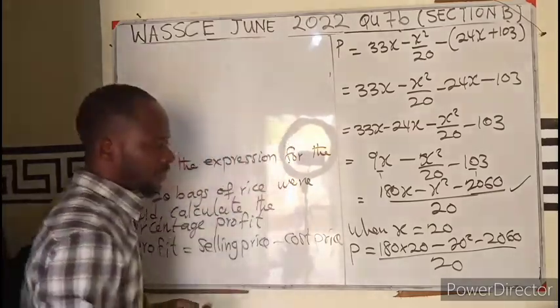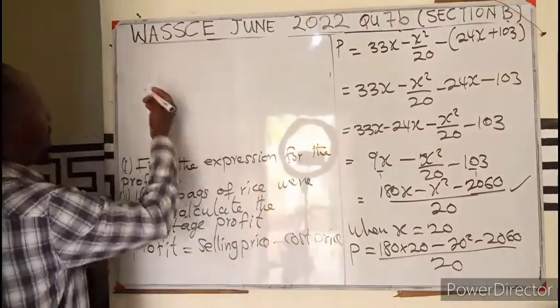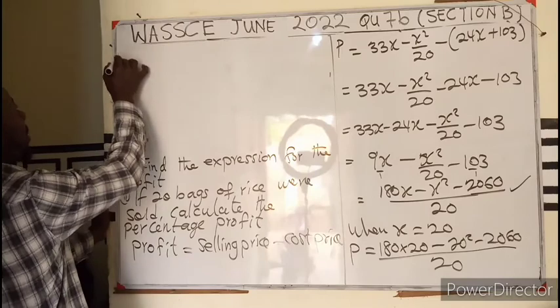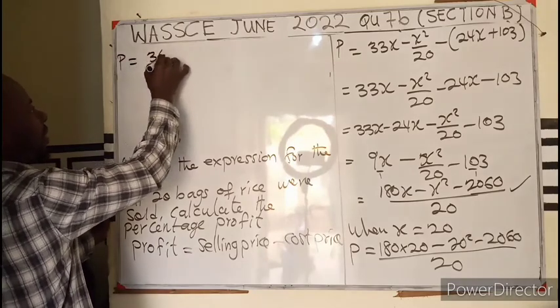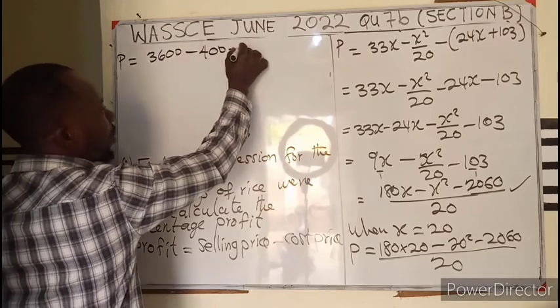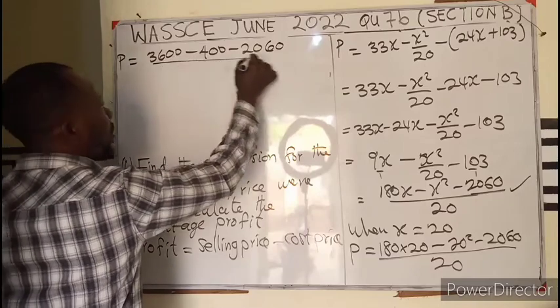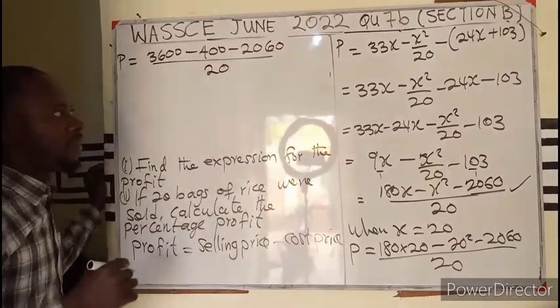So in this case, if you multiply, 180 times 20 will give us, let me still maintain P, 3600. Then we have 400 minus 2060, all divided by 20.